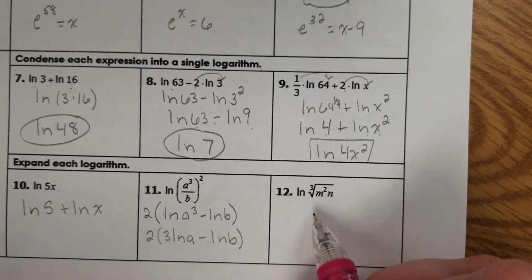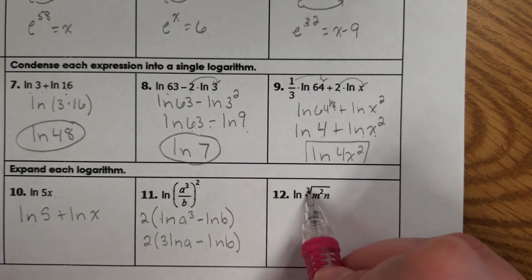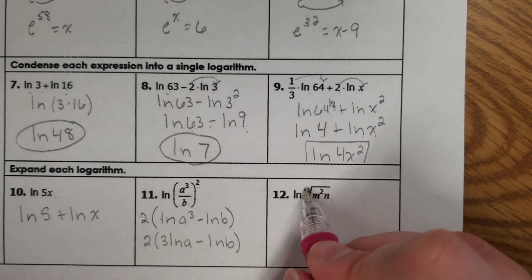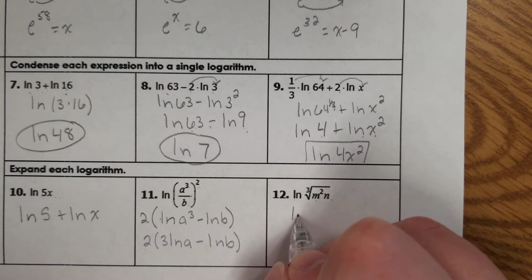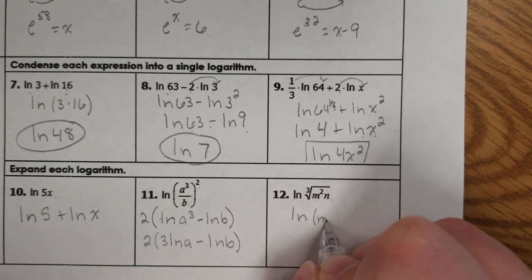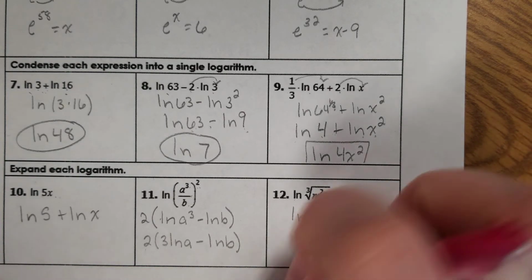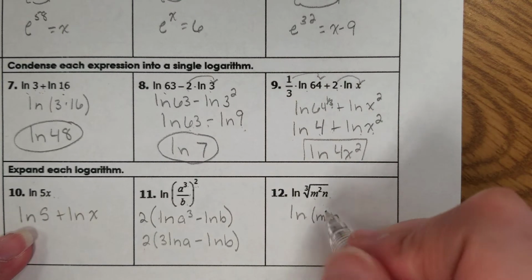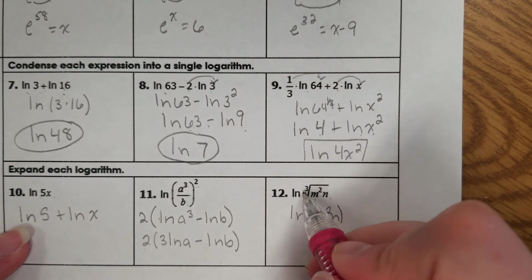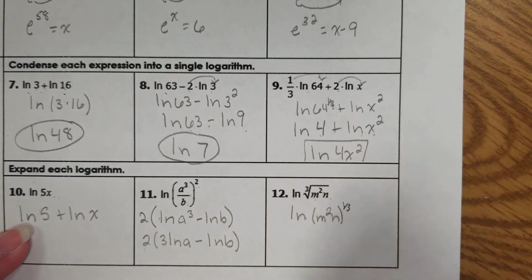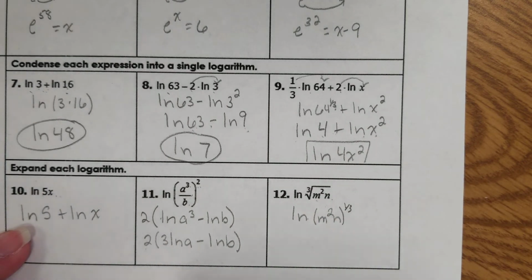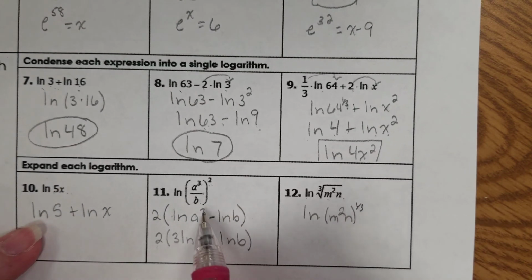All right, so for 12, we have the natural log of the cube root of m squared n. We're going to change this cube root so that it is an exponent. So we have the natural log of m squared n, and the cube root, remember, is the fraction 1/3 as an exponent. So we're going to put 1/3 there. And now it's just like this one over here.